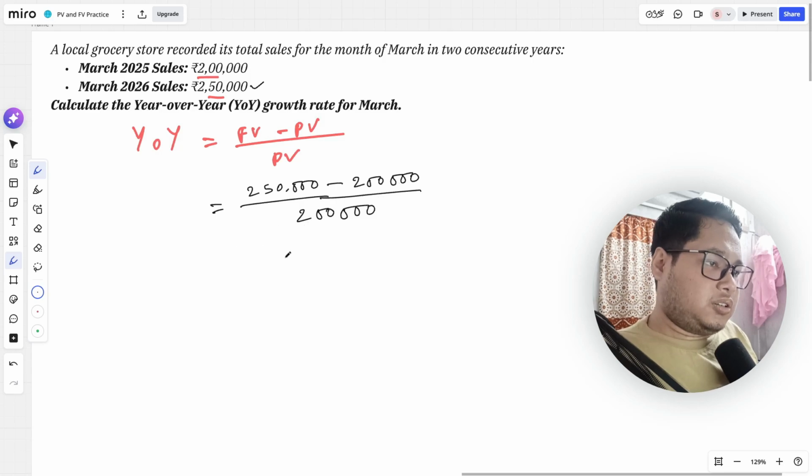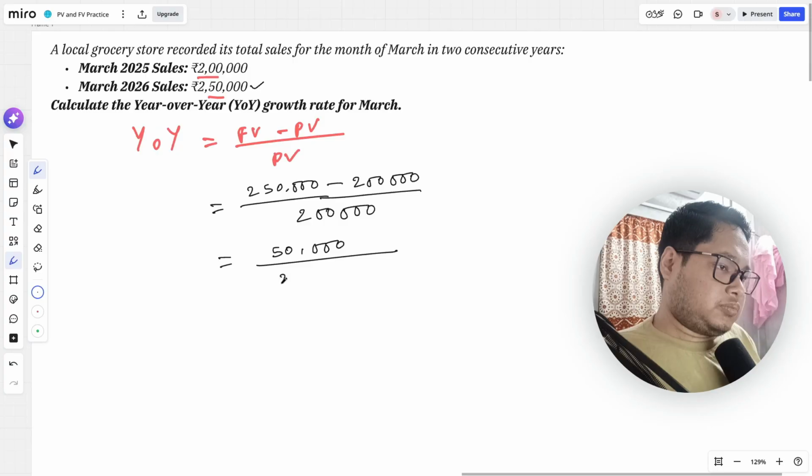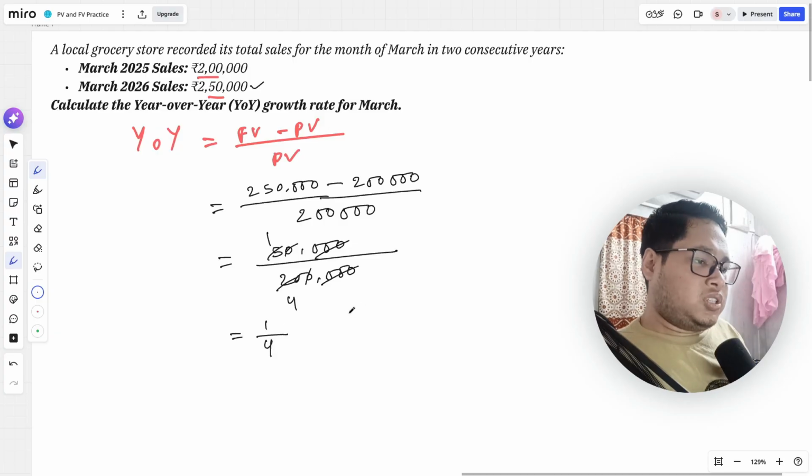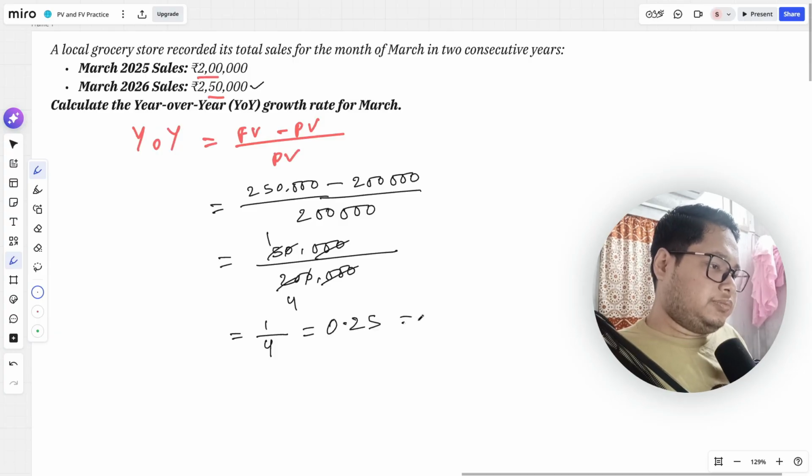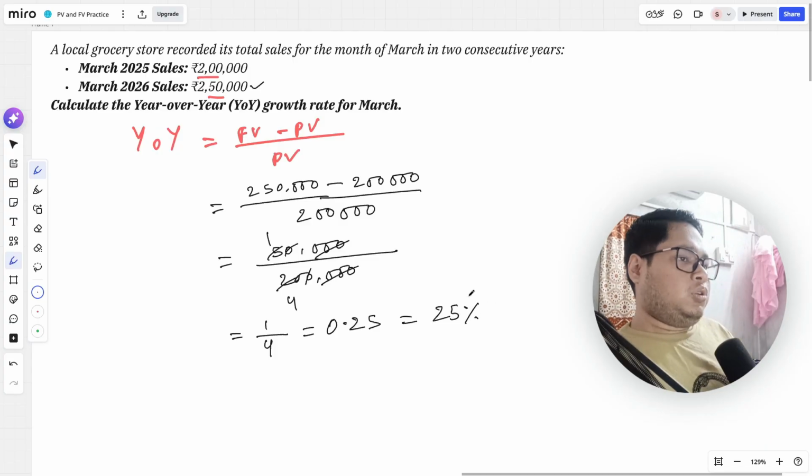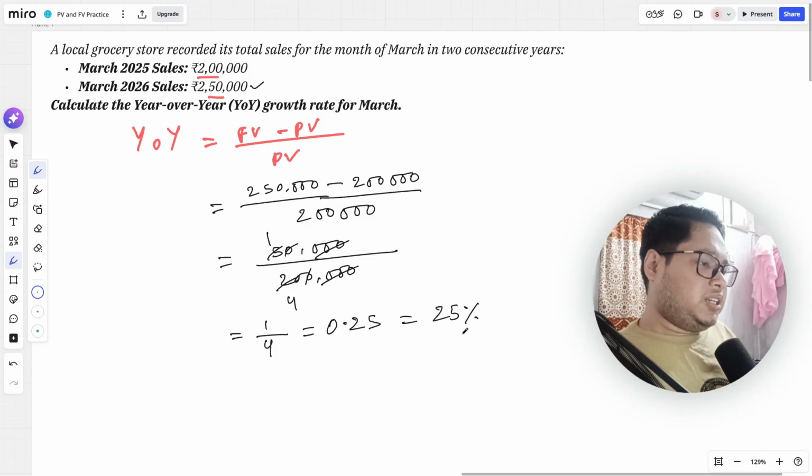So let's do the calculation. So it's 1 by 4. As you know, 1 by 4 basically means 25%.